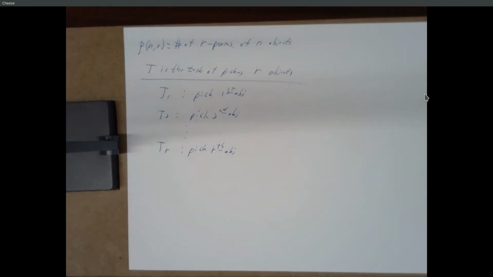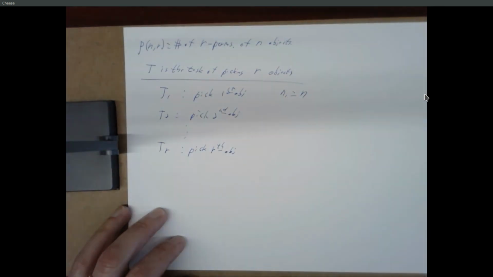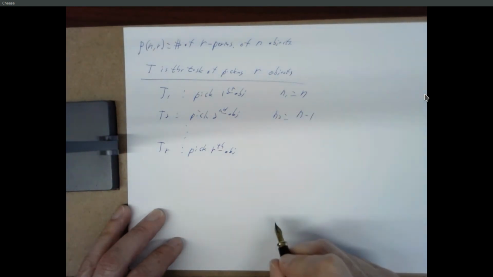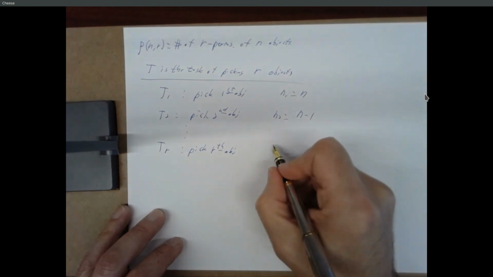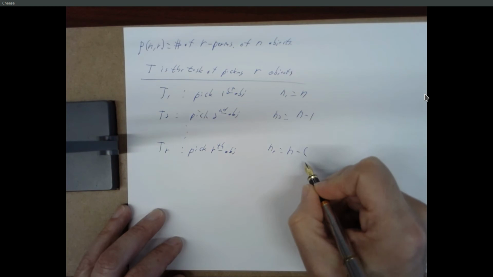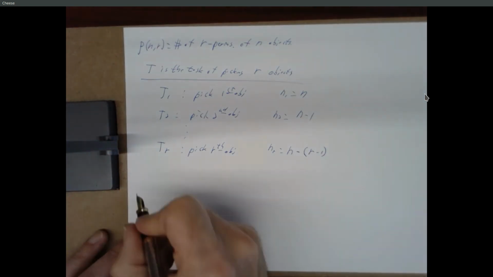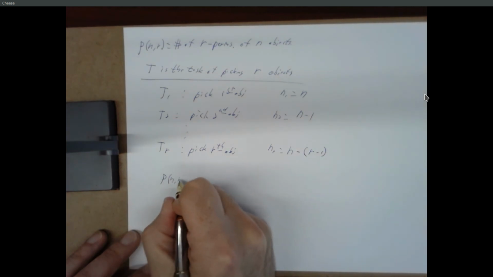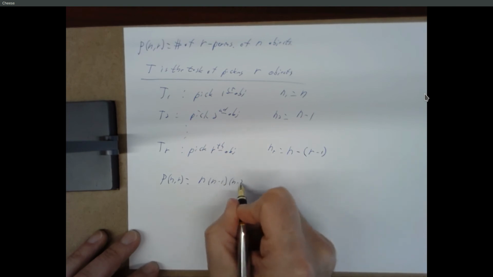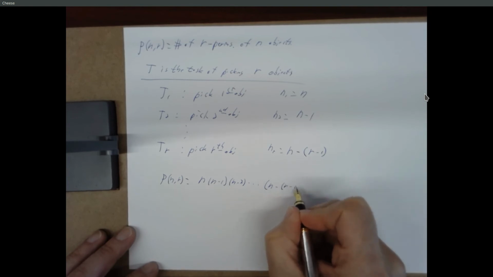If we have n objects to pick from, the number of ways we can pick the first object is n. The number of ways we can pick the second object is just n minus 1. The number of ways we can pick the rth object is n minus, and if you work the math, it turns out to be r minus 1. So P(n, r) is just n times n minus 1 times, all the way down to, n minus r plus 1.